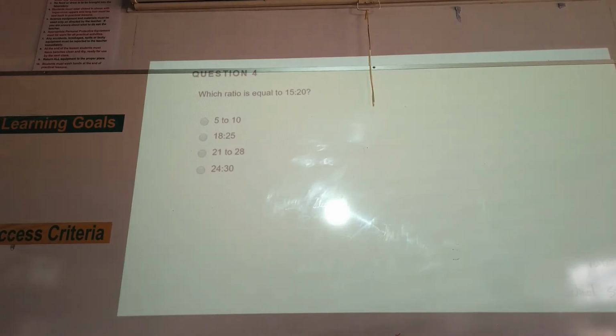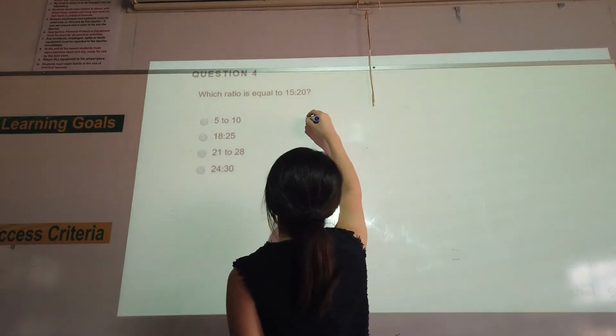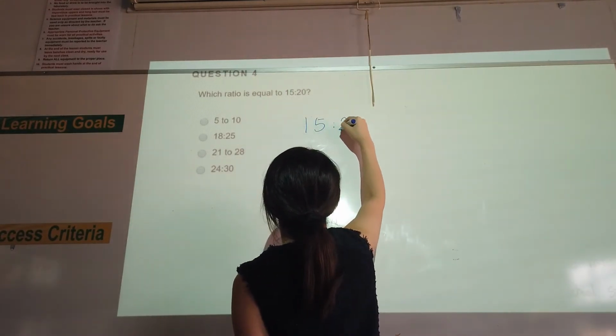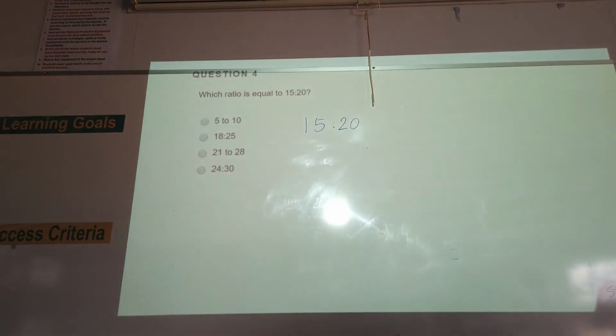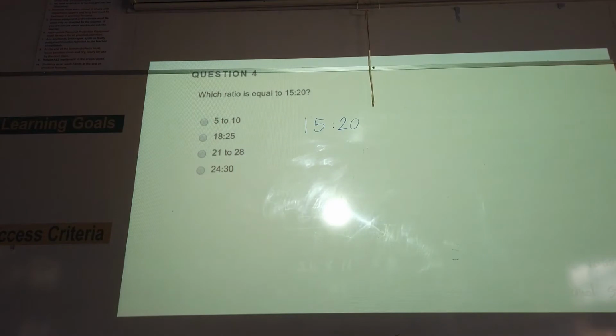So we're going to start by simplifying 15 to 20. We know the ratio is simply a comparison of 2 quantities, so if we divide both quantities by the same number, the ratio is going to stay the same, and that's how we simplify the ratios. So think about what is the highest common factor between 15 and 20.